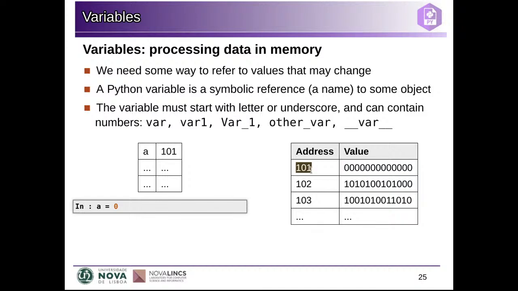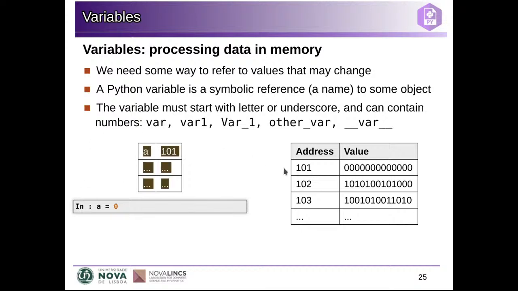So a memory address is like a drawer in memory where you can put things, and it will store in a table the indication that variable a, so this name a, refers to the contents of this memory address. So here 0 is kept, and here there is a reference saying that it's in that place in memory.